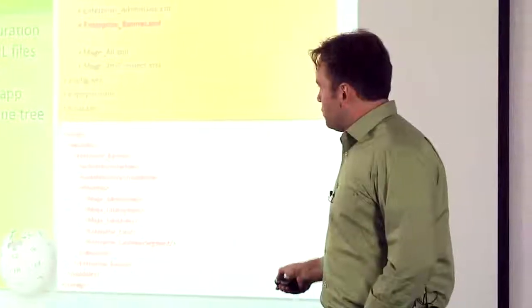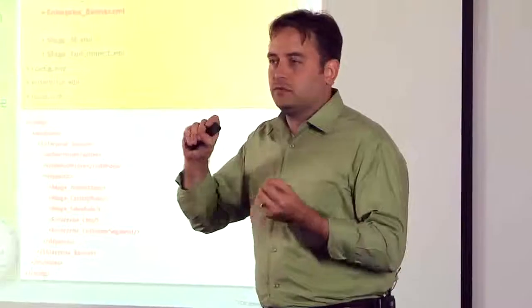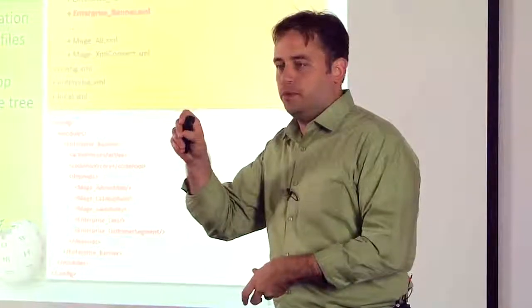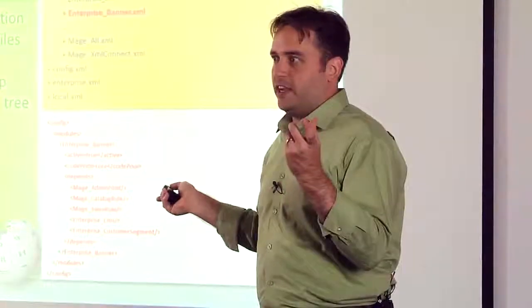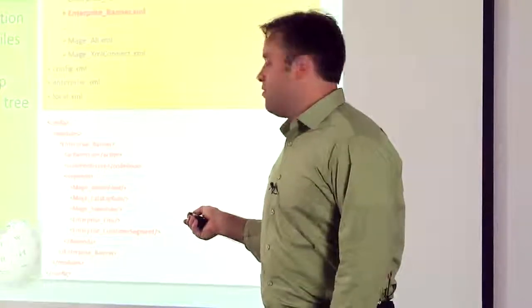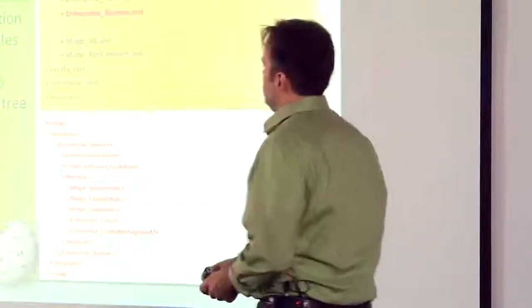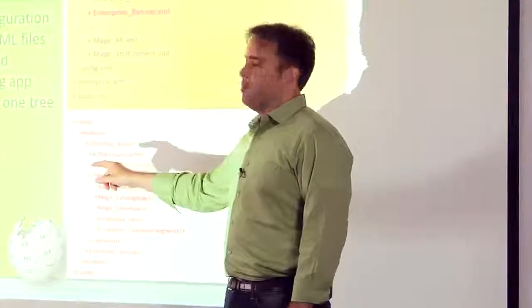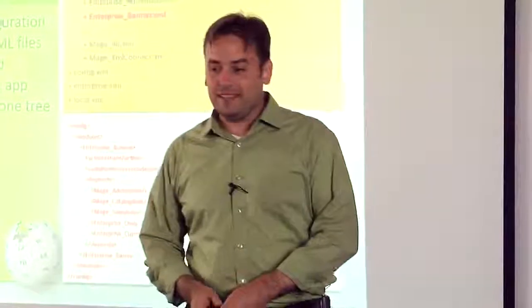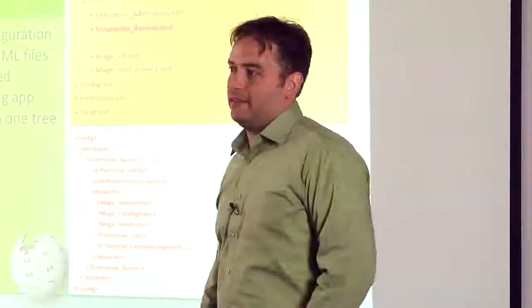What these look like internally is a config node. So the root node, because every XML document has to have a root node, and for configuration files it's config. Inside there, we'll have a modules node. And inside modules, we have our namespace and module name. That is required, and it has to match the file system path.